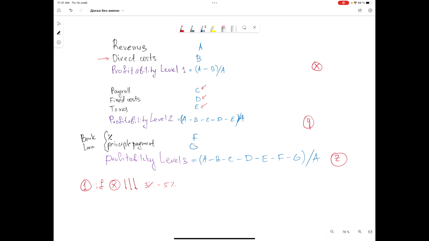The next situation is when X profitability is much higher than Y, and this means that your non-productive expenses, their level, is very high, and you have to dive into your payroll, you have to dive into your office expenses, and look at this or that specific item that gives you this or that level of cost.